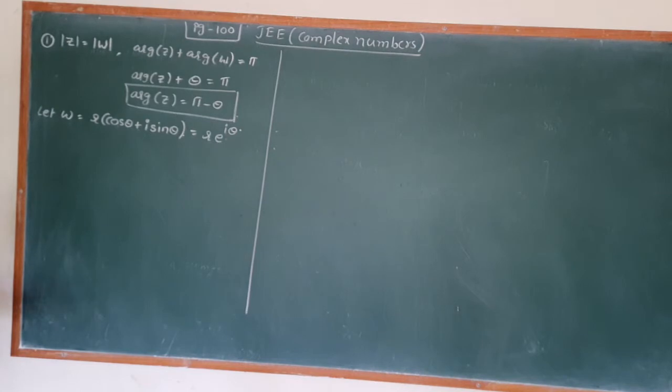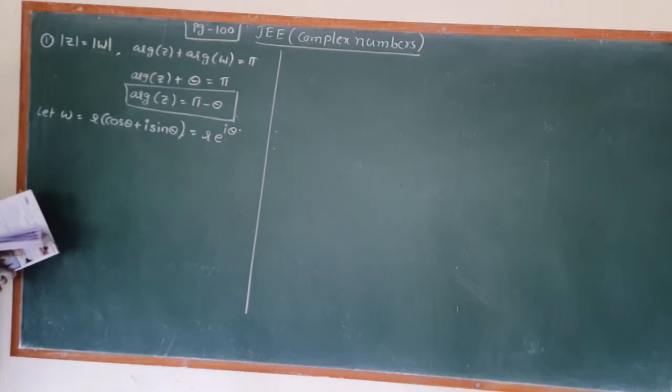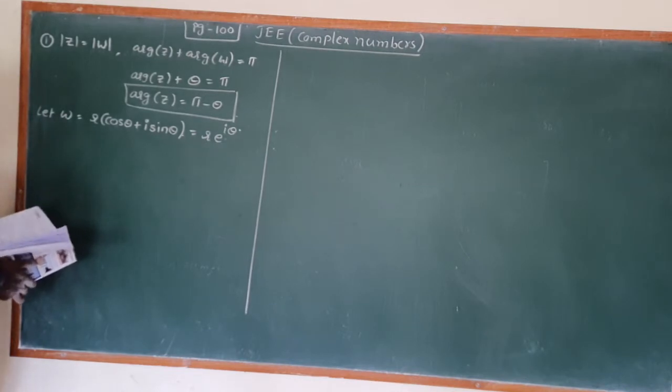Next, what is the condition they gave? The second condition is that modulus of Z and modulus of omega are both the same.